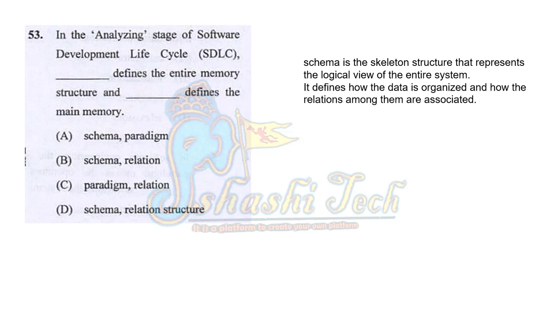It identifies how the data is organized and how the relations among them are associated. The schema is a skeleton structure. So option D is the correct answer. In SDLC, schema defines the entire memory structure and the relation structure defines the main memory.